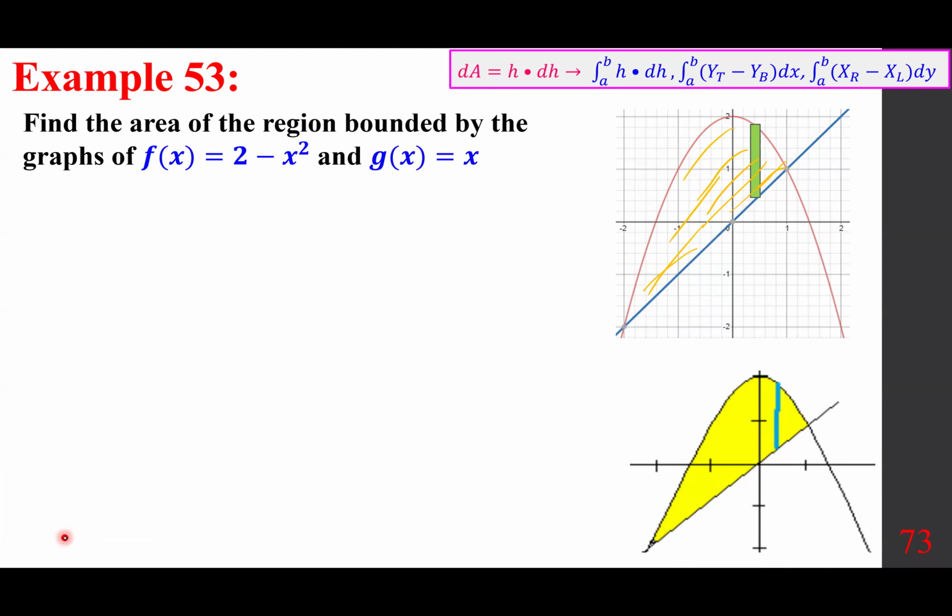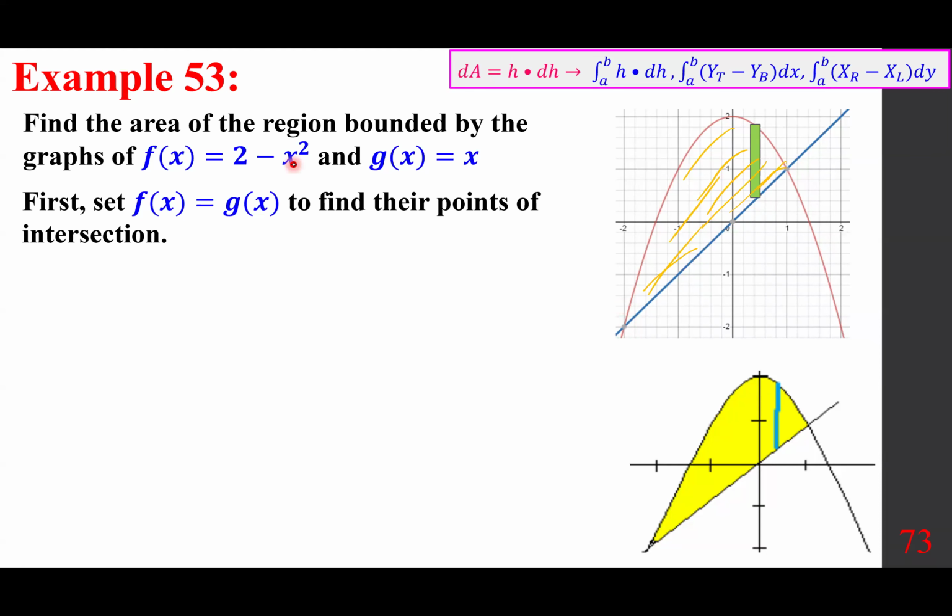Now, after we graph, we need to know what the limits of integration are. These two points we need to find, which means we're going to set them equal and solve first. So we know the limits and then we take it from there. Set these two equal.